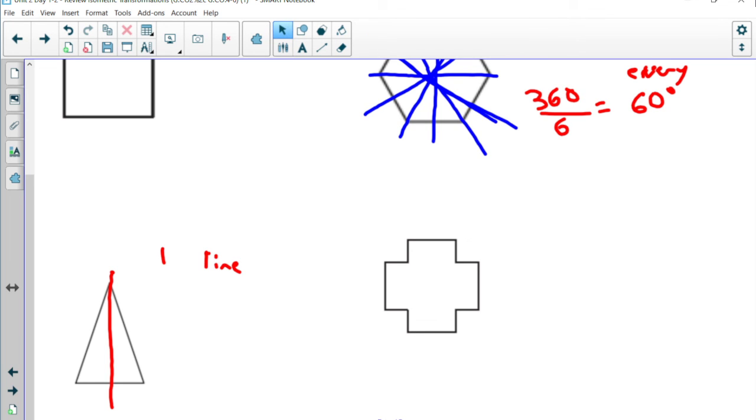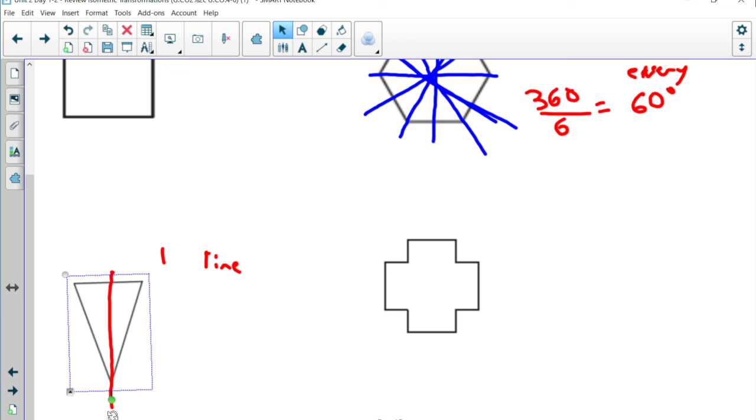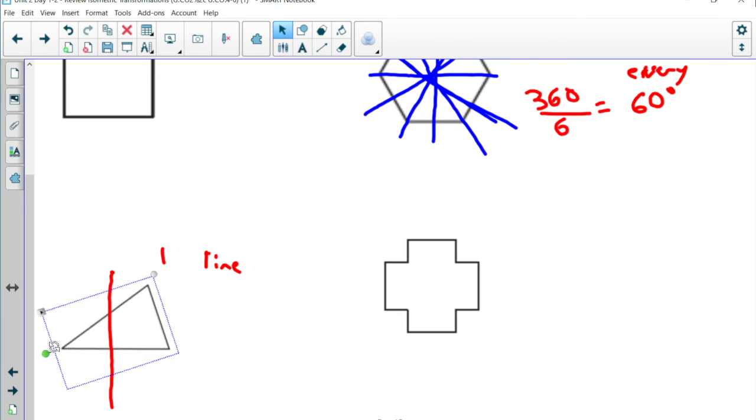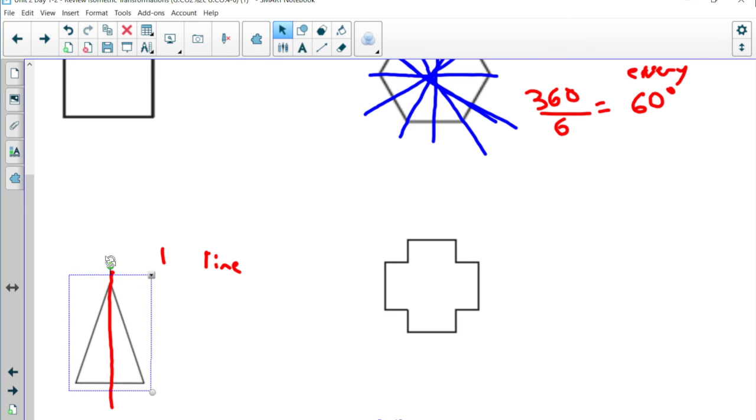And then if we look at our rotational symmetry, let's see how far we're going. It needs to look the exact same here. So we're going to see if we click into place. Well, that's upside down. That's certainly not it. Oh, we went all the way around. So that doesn't count because we're just back where we started.